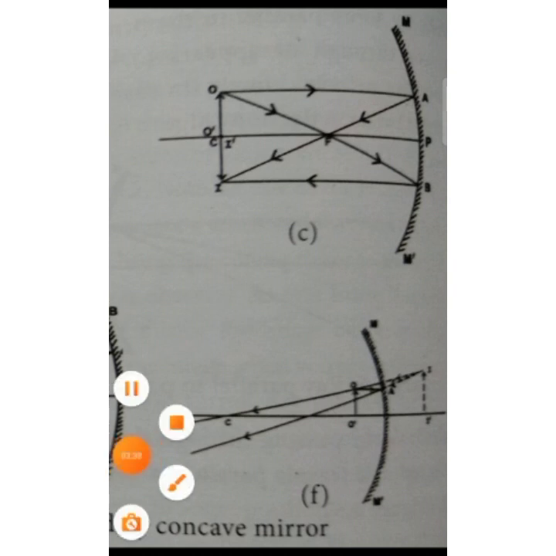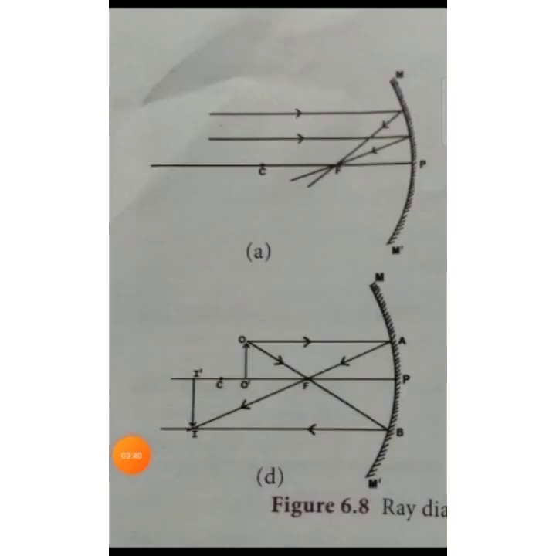Okay, students. Then see the D diagram. Here, what is the position of the object? The object is in between the center of curvature and the principal focus F. So you can see the object O dash is placed between C and F. What is the position of the image here?